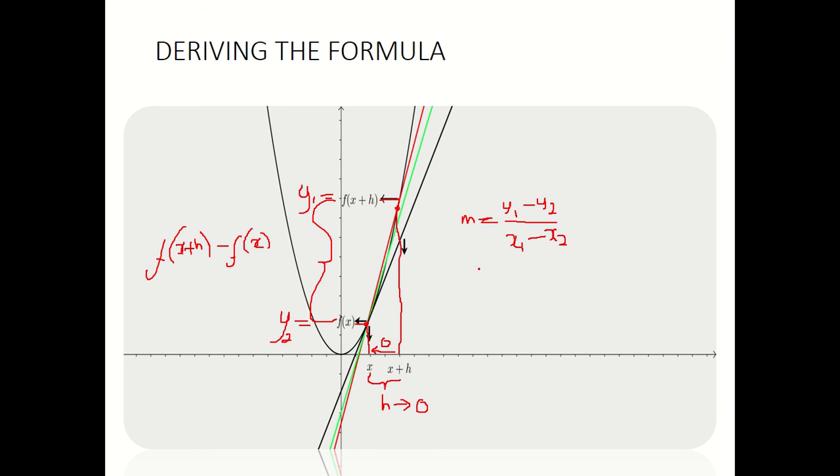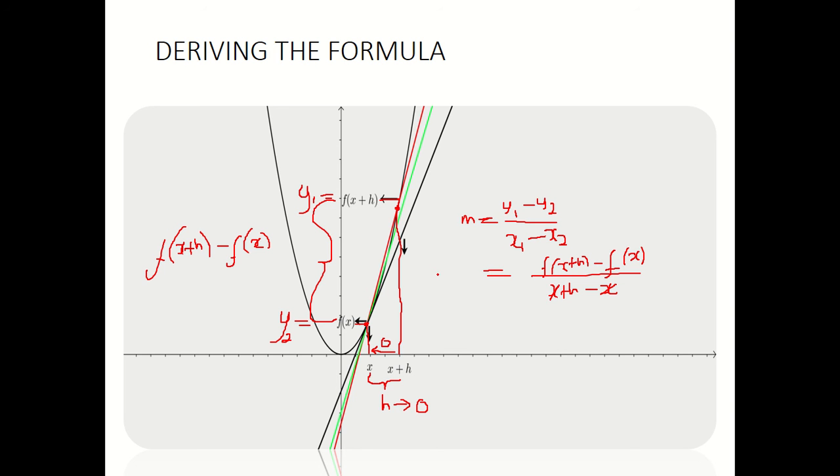In this case, our y1 is this, and this is our y2. It will be divided by this, and then you'll realize that the x's cancel out.